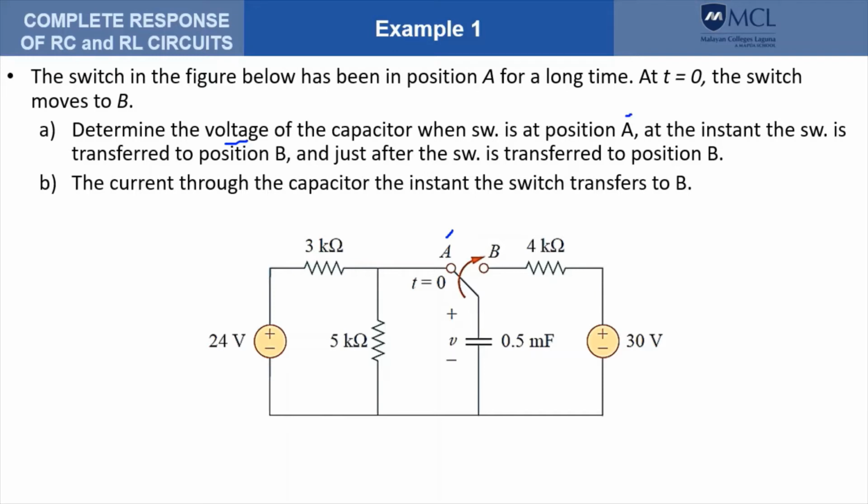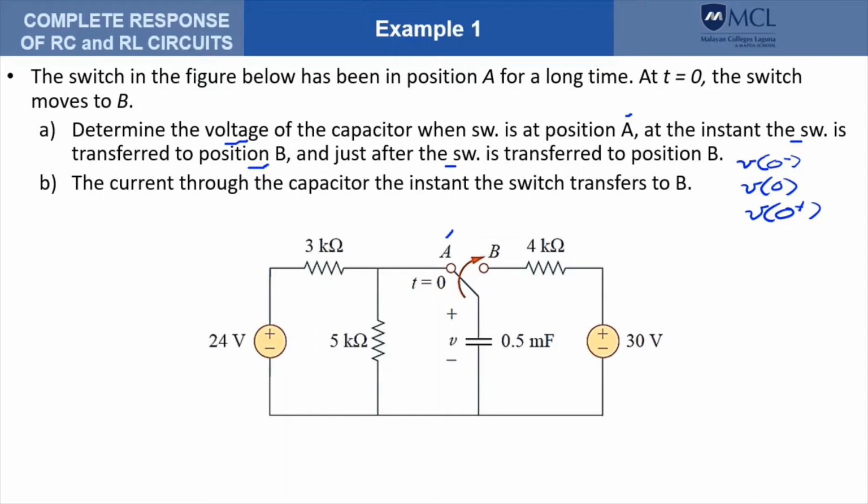Meaning while the circuit is at steady state prior to the transfer of the switch, the instant the switch is transferred to B, and the voltage just after the switch transfers to B. So we are required to get the voltage V at or before t equals 0, the voltage at exactly t equals 0, and the voltage just after t equals 0.